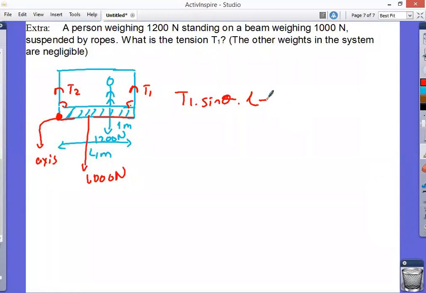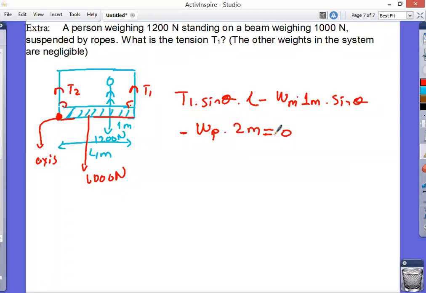So minus the weight of the man times the distance of the man from T1, which is 1 meter, times sine theta, minus the weight of the plank times the distance from T1 to the plank, which is 2 meters. We don't need to use sine theta, that is going to be equal to 0.